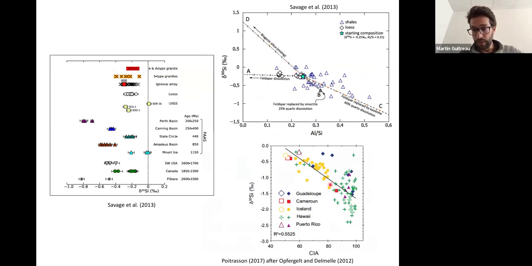And this is what you see also in soils from different places where you get towards very, very low isotopic compositions. When you look at this compilation that was made by Savage, where he analyzed a lot of material as well, you can see that shales and detrital sediments also have very low isotopic compositions. So no surprise if you melt this, you get S-type granitoids that will record the low isotopic composition of their source.